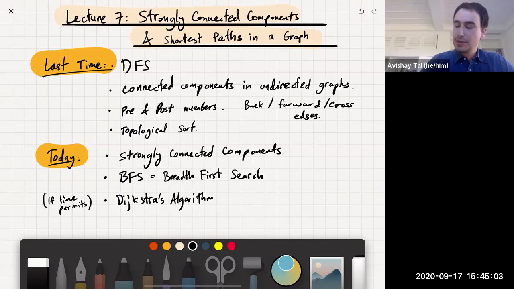And then we showed that if you sort the vertices according to descending post numbers, then you get a topological sort on a directed acyclic graph, meaning you are able to linearize the graph in a way that all edges go from left to right. So that's what we did last time. And today we're going to talk about, as I said, strongly connected components, BFS, and if we have time, Dijkstra's algorithm.